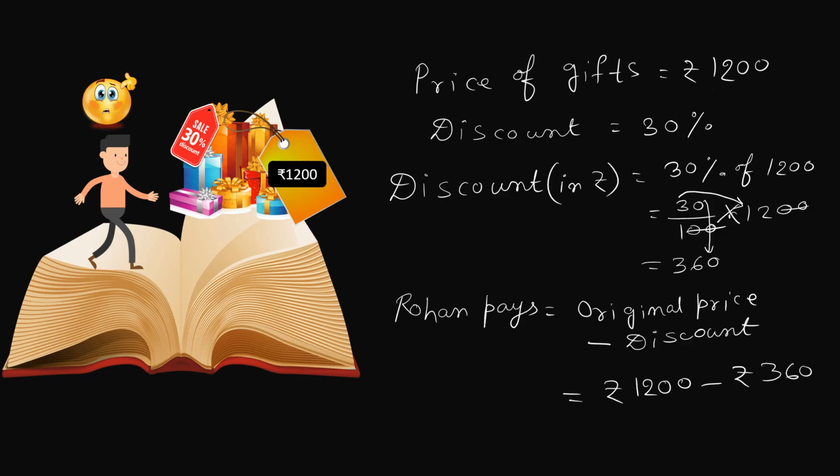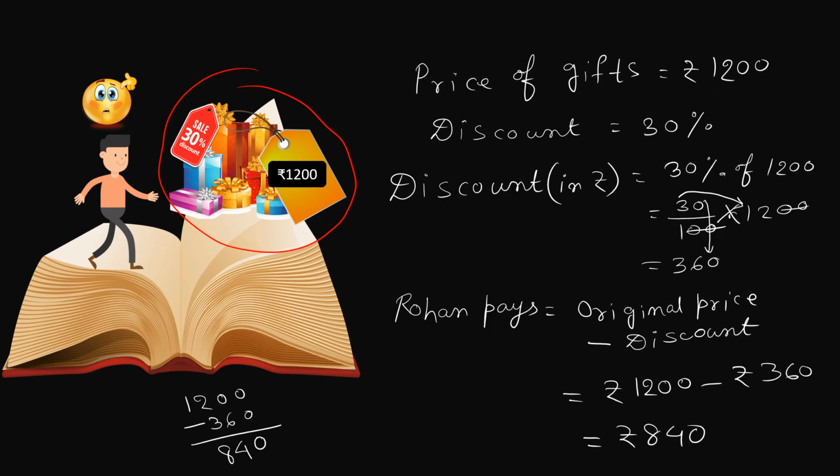So you will pay, let's do it. Do it in rough or wherever you wish. You can do it in your mind if you can. I'm just showing you here. 0, 6 and here we can write 4 and this is 8. So Rohan pays rupees 840 and Rohan purchases these gifts and goes back home.